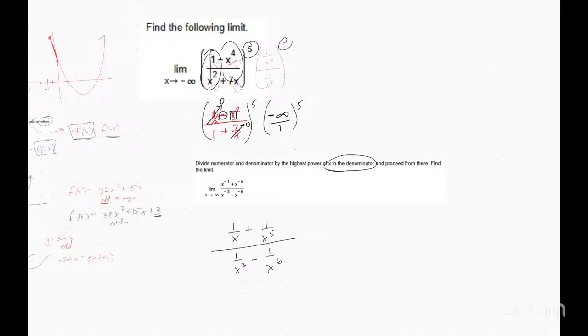I would multiply by x to the sixth. That's going to give me x to the fifth plus x over x to the third minus 1. Now I would divide everything by x to the third.